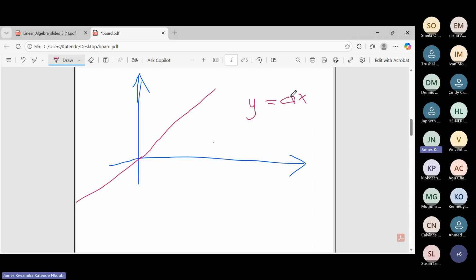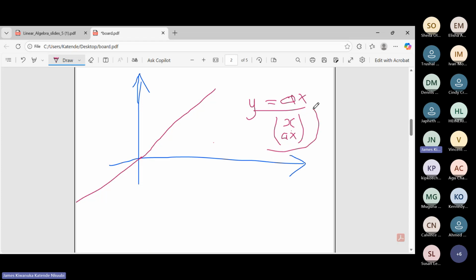Any line through the origin can be written like this. So if you want to describe a point, any vector that lies on that line, it will be a point of the form x, and then the second slot of that vector will be ax.